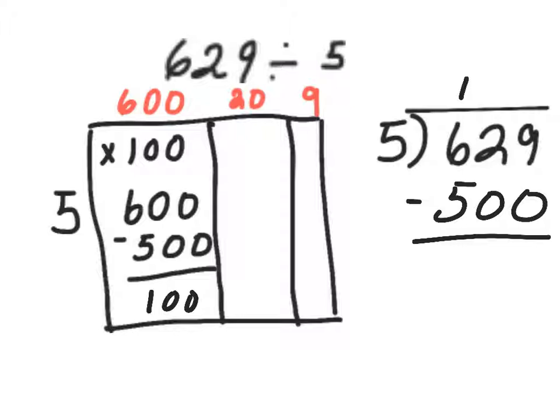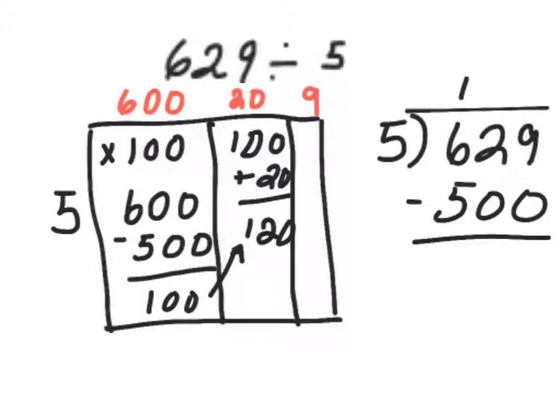This is what I carry over to the next place value. 100 plus 20 gives me 120. Now I need to see how many equal shares of 5 are in 120.